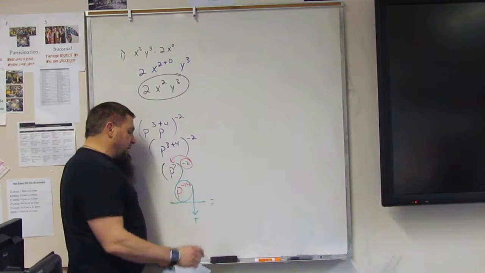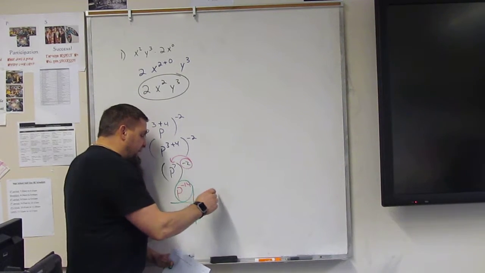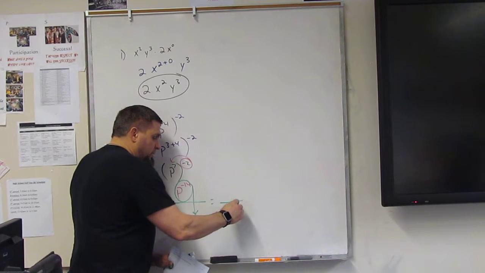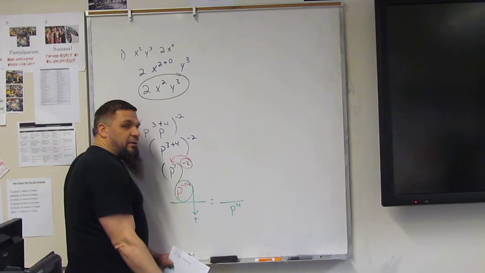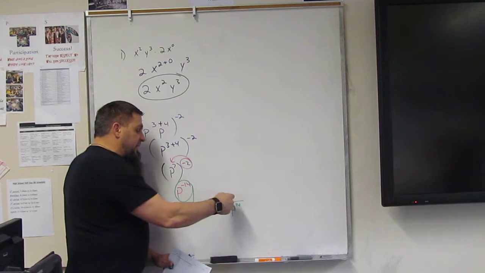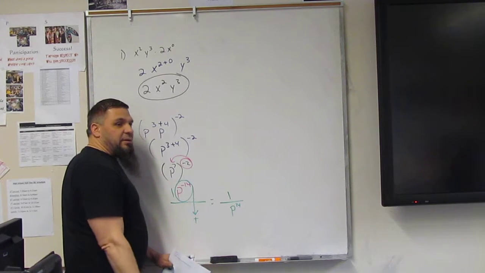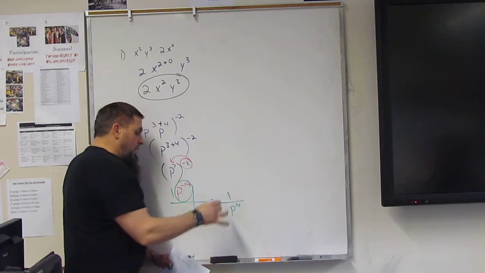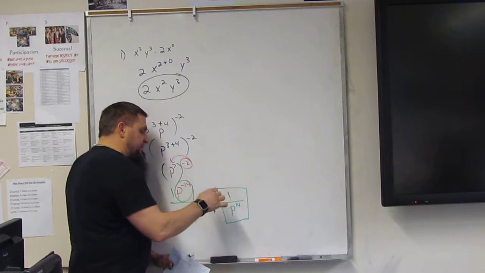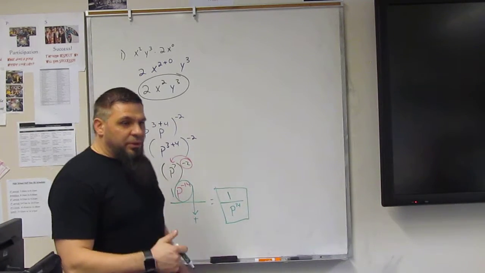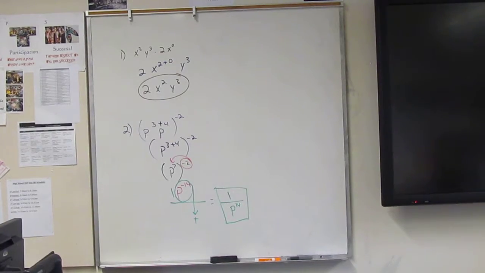So what that means is that I'll have p to the 14 down here. But when there's nothing left on top, I have to hold the place with the invisible 1 that's out here. Okay? And that's it. So that's the negative part of moving it. Pretty cool? Pretty easy, right? This should have been a really easy and fun quiz.